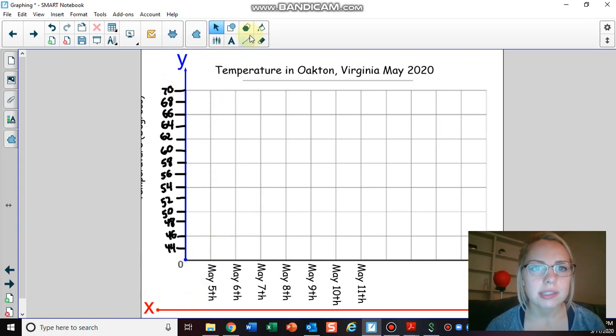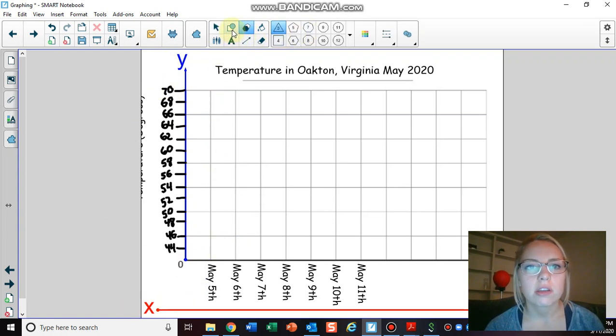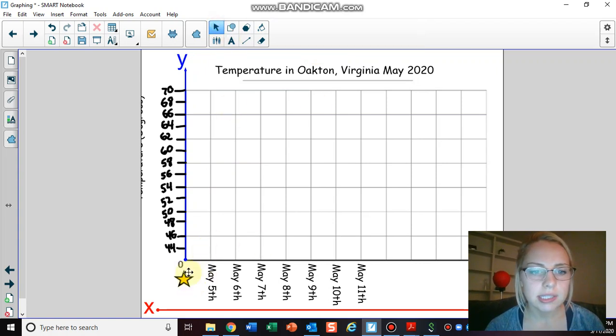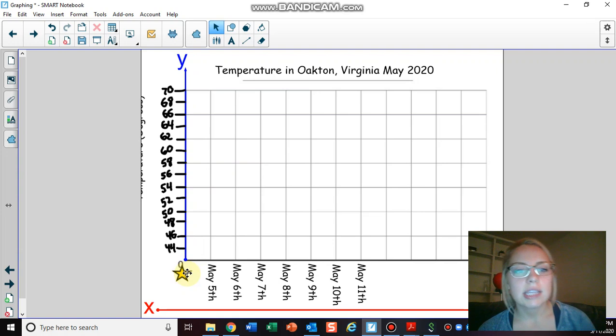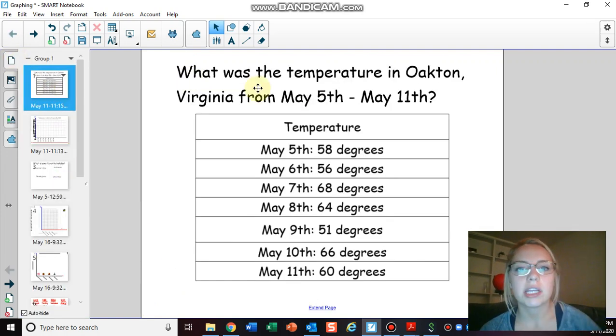Now, as you can see, and I'm going to show you with our star tool, we have this really strange jump from 0 to 44, okay? So clearly we have a strange jump from 0 to 44. The reason is because our temperatures don't go below, and let's look at our data chart, they don't go below 50 degrees.